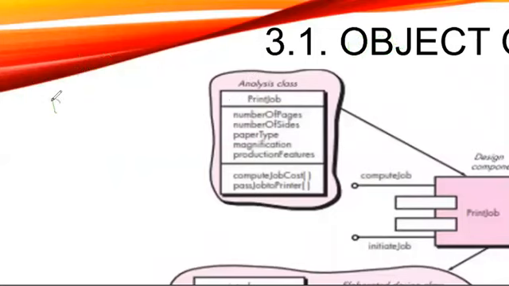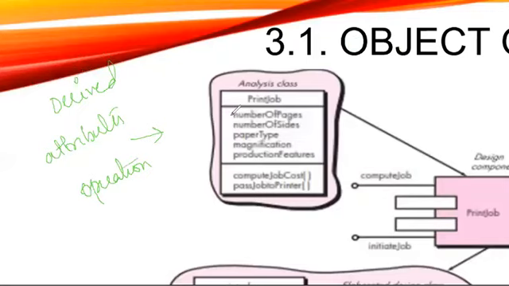Your print job class is derived within the analysis class. Now here, as print job is derived, you're going to have all the attributes and operations. If you remember, the second compartment is going to be your attributes, and the third compartment is your operations.